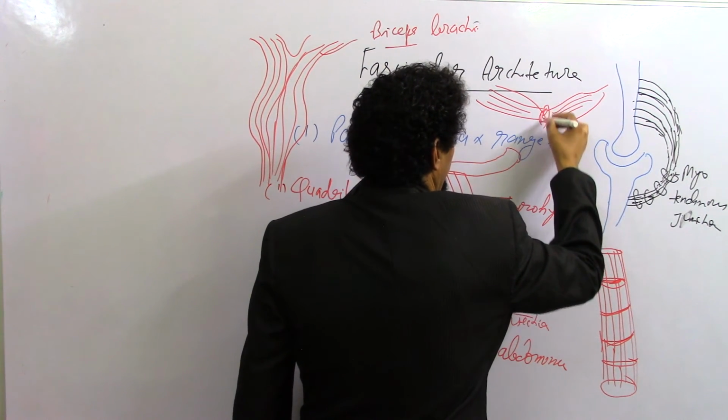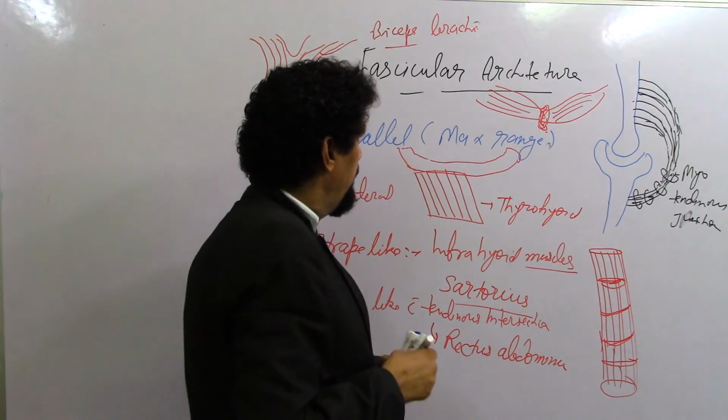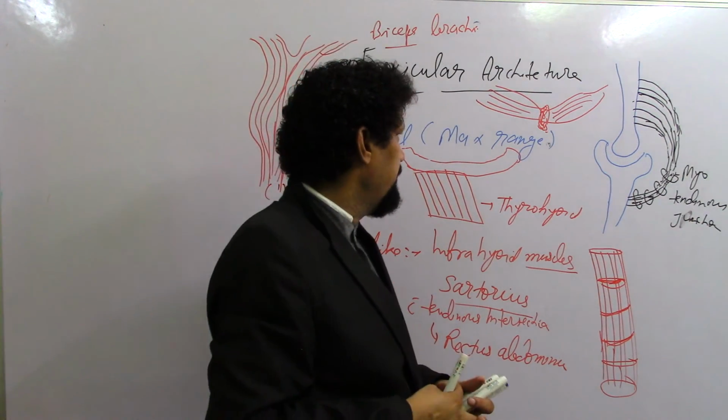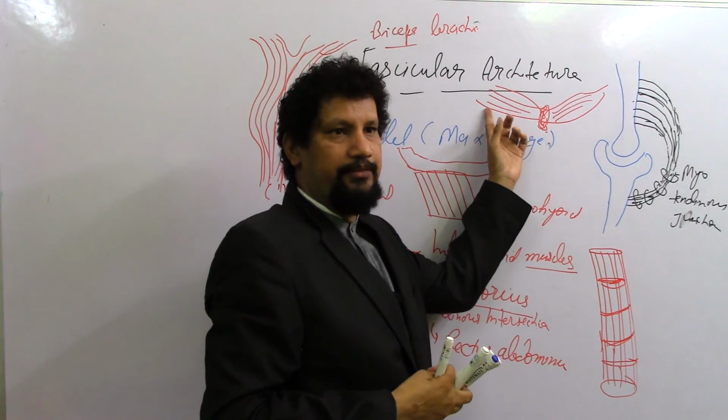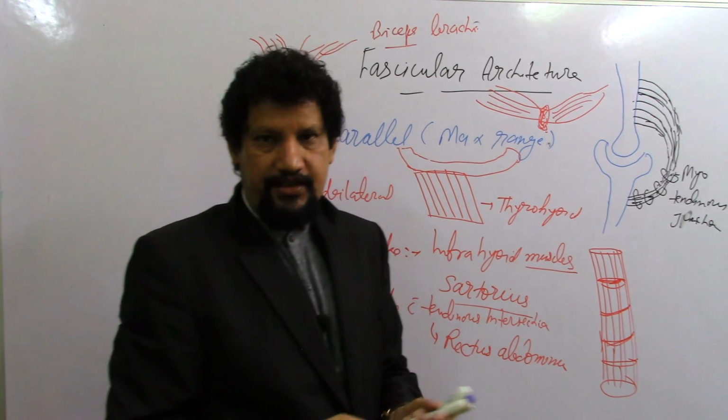Here is a fibrous pulley which anchors the muscle to the hyoid bone. So this is the posterior belly and here is the anterior belly of the digastric.